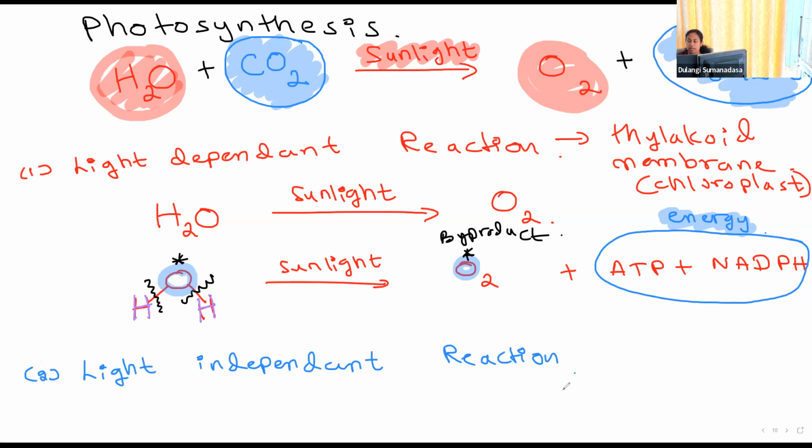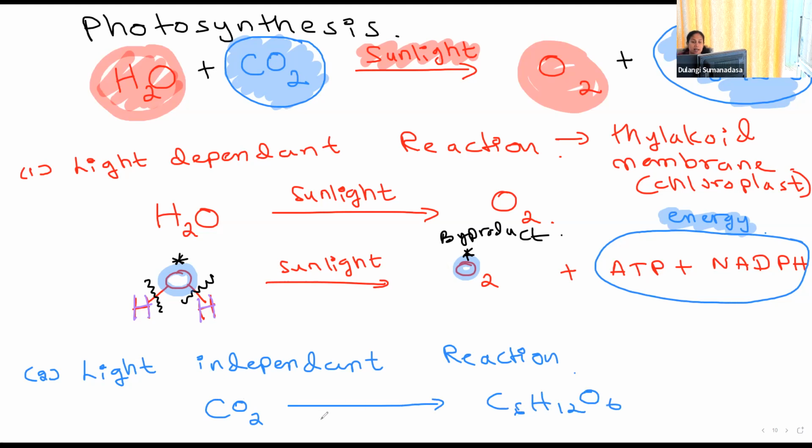The light independent reaction does not need any light, so it takes place inside the stroma. What happens in the light independent reaction is carbon dioxide building up into glucose.